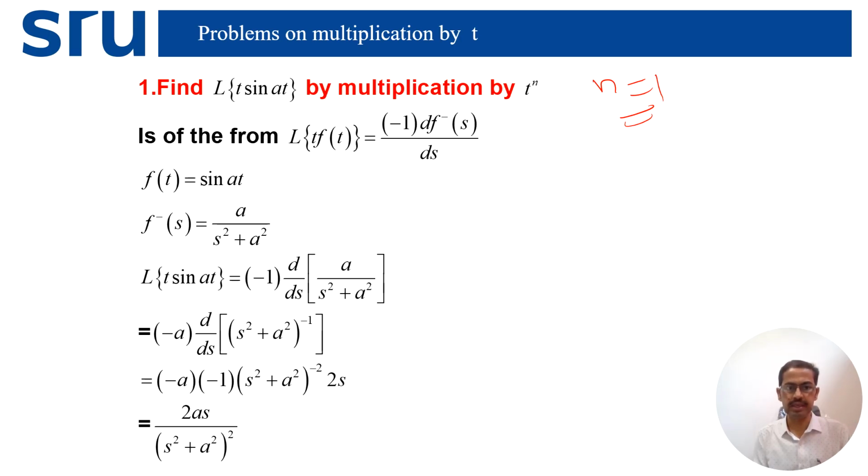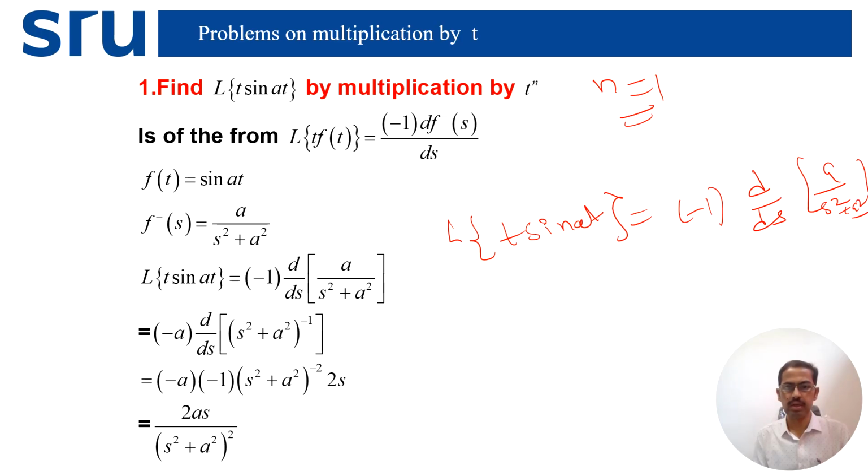Now differentiate minus 1 d by ds. Only one time differentiate f bar of s, a by s square plus a square. Right. So how do you differentiate this? Here the Laplace transform of t into sin at is equal to minus 1 d by ds of a by s square plus a square.